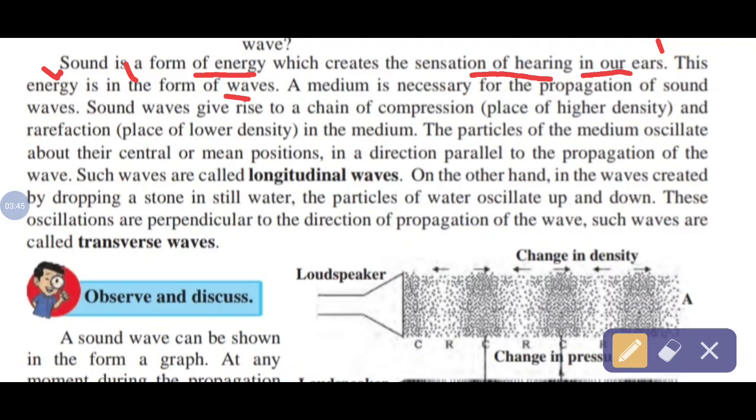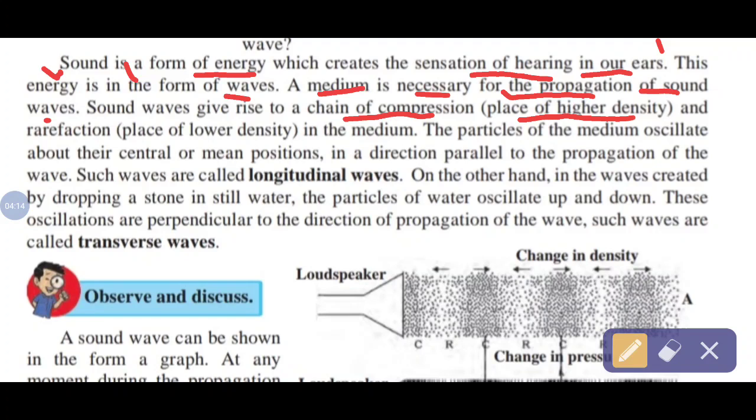This energy is in the form of waves. Next, a medium is necessary for the propagation. Propagation means travel of sound waves. Sound waves give rise to a chain of compressions. Compression means a place of higher density, where more particles are there, more crowd is there.